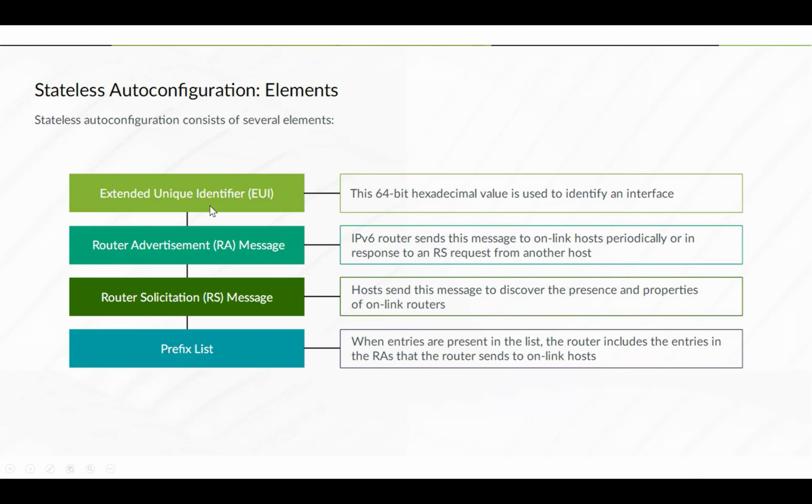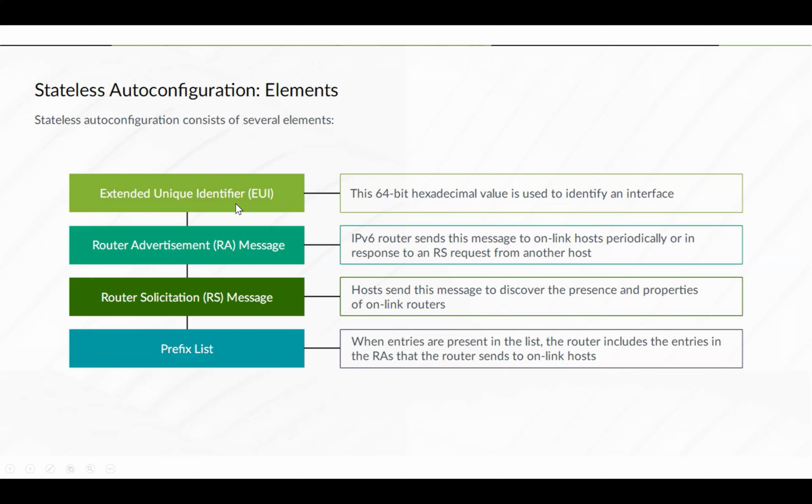So, stateless auto configuration elements. What are the options or items that exist in the auto configuration process? Number one is the extended unique identifier.